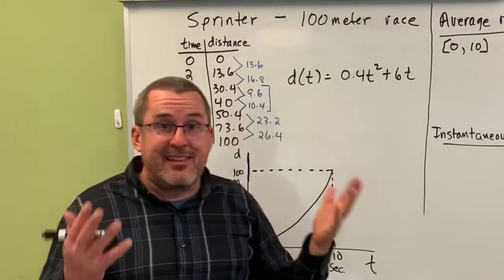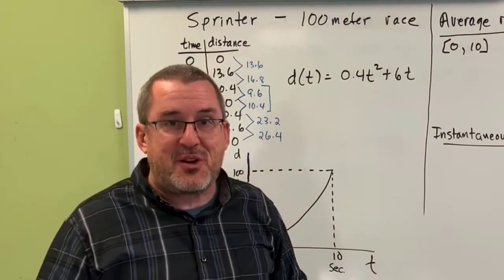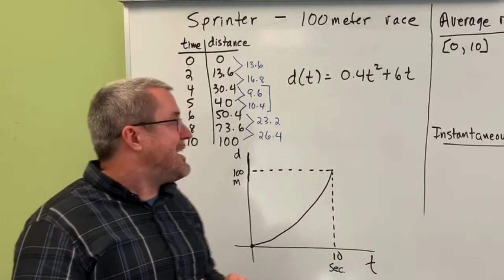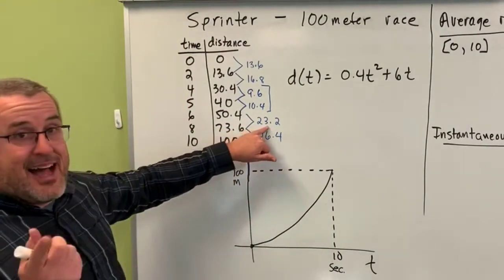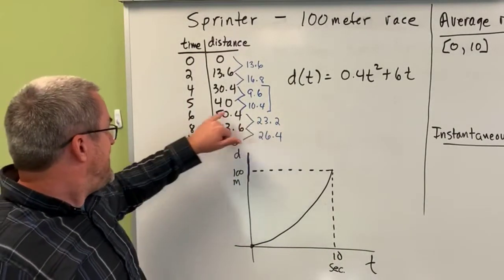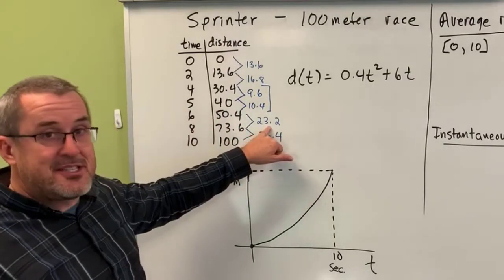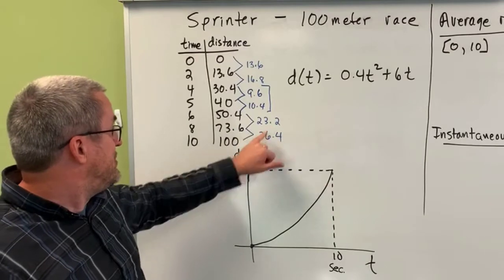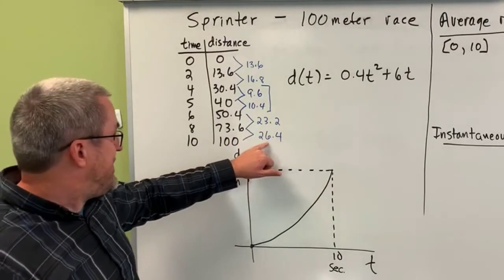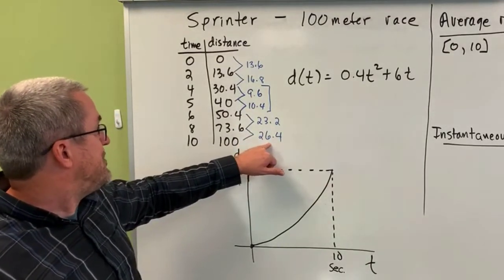Now had this been a linear function, those rates of change would all be constant, but this is not a linear situation. Look at the last bit of this race. In this 2-second chunk, from 6 seconds to 8 seconds, the distance increased by 23.2, and in the last 2 seconds of the race, the distance increased by 26.4.